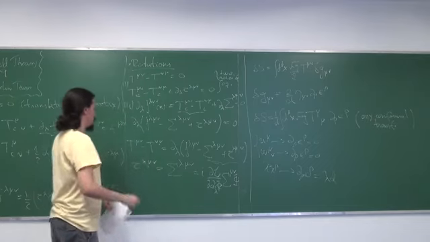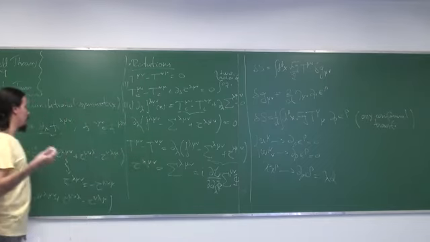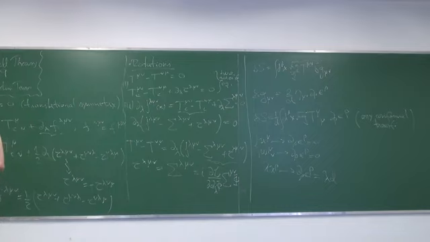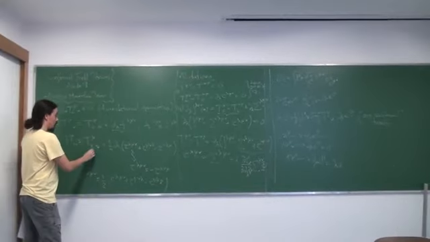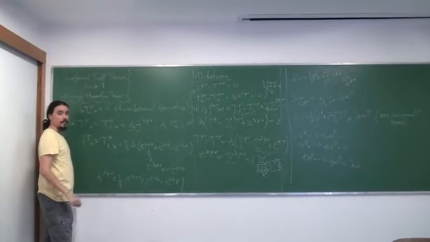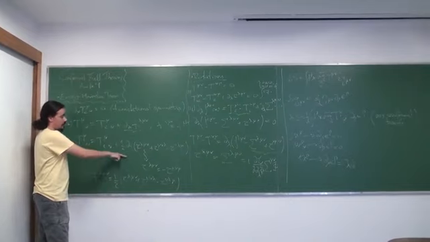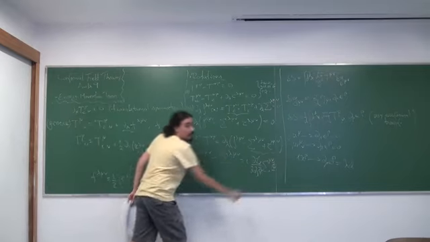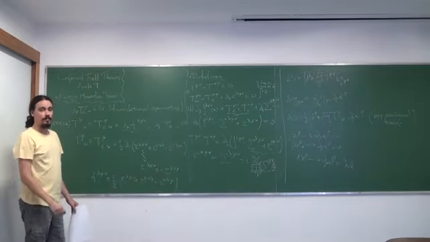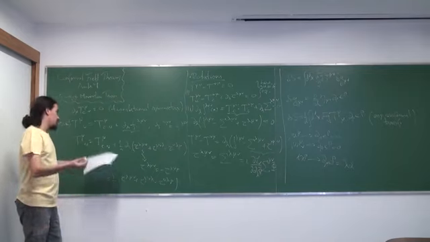So the Belinfante improved energy momentum tensor is just the canonical energy momentum tensor, plus a combination of these guys here. That's it.